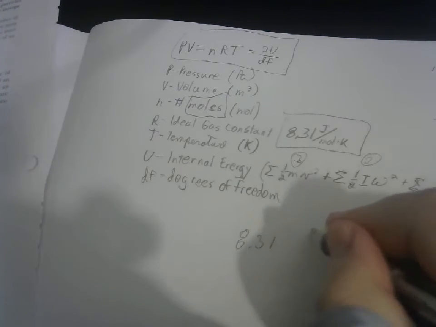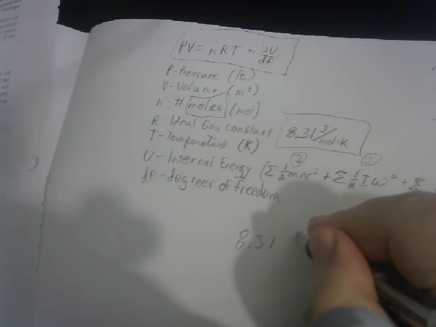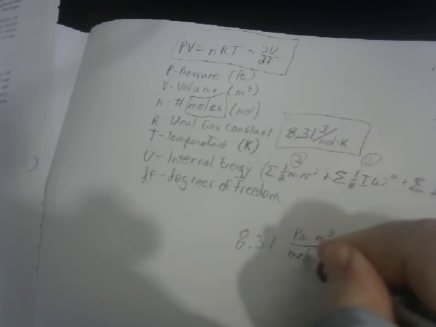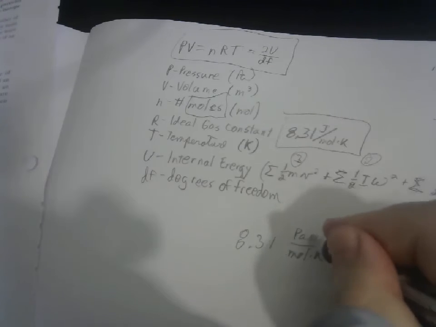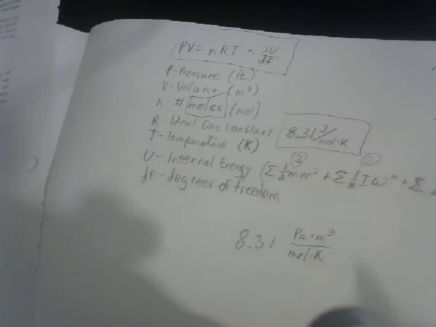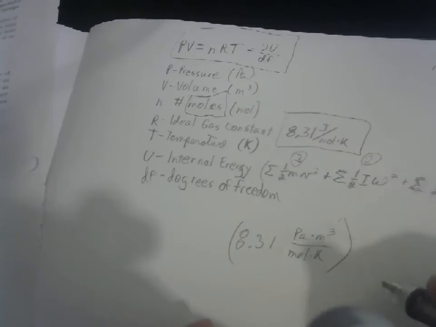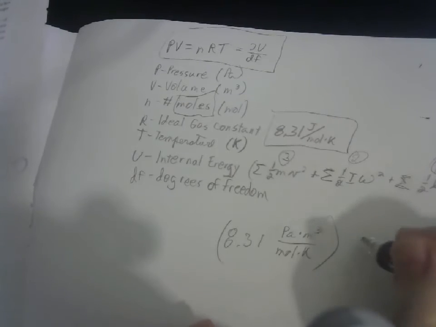Joule is a pressure times a volume, so I'm going to write that in Pascal meter cubed per mole Kelvin. Basically, pascals times meter cubed is going to convert to joules if you just work out the units.